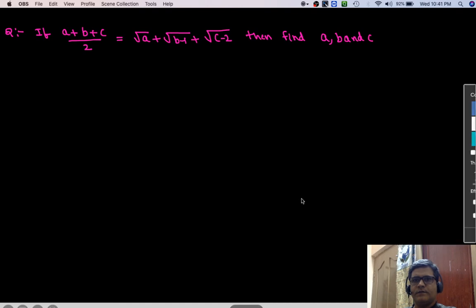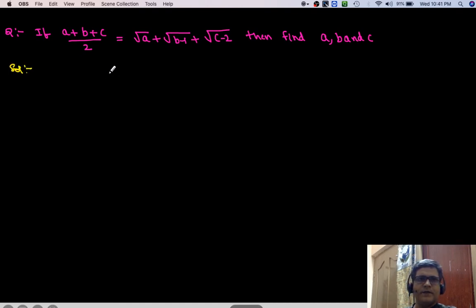Solution: see, (a + b + c)/2 is equal to √a + √(b−1) + √(c−2). So you take the 2 out to the right-hand side, then a + b + c is equal to 2√a + 2√(b−1) + 2√(c−2).